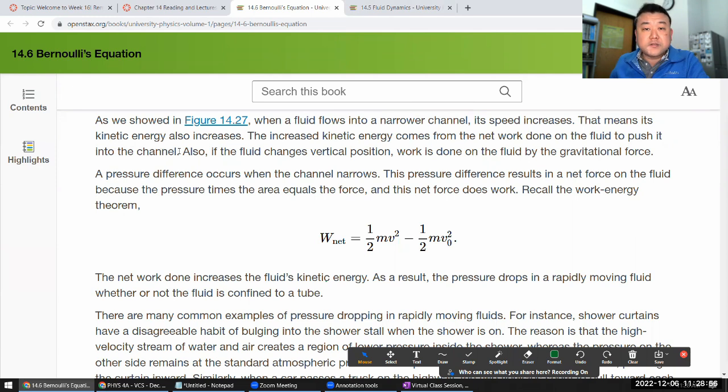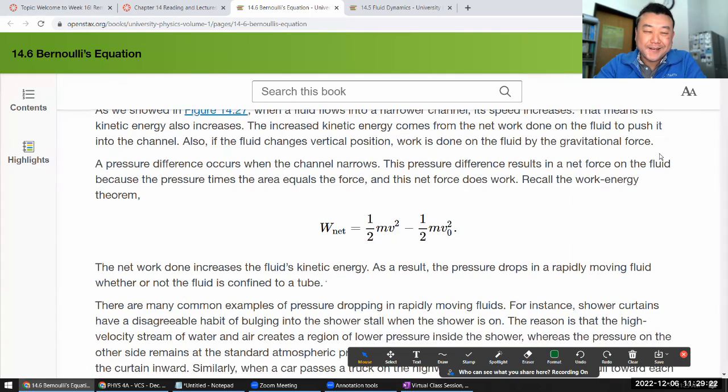The work-kinetic energy theorem that we covered way back when we were introducing energy. Also, if the fluid changes vertical position, work is done on the fluid by the gravitational force, so there must be some kind of potential energy associated with that. As I'm reading it, I'm connecting it to the things that I've learned previously. You've heard me say physics is cumulative. This is how it's cumulative.